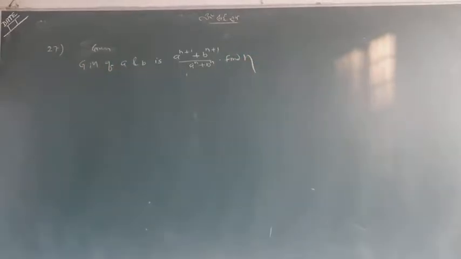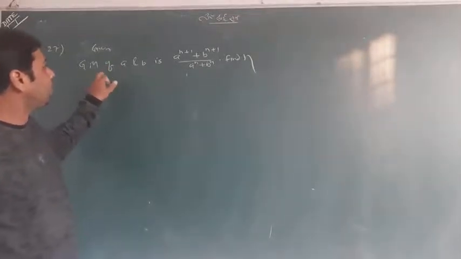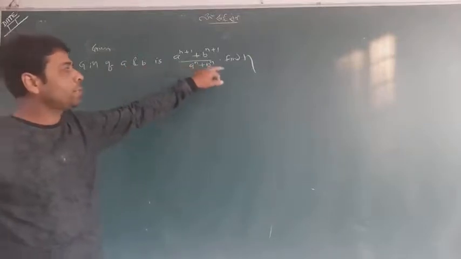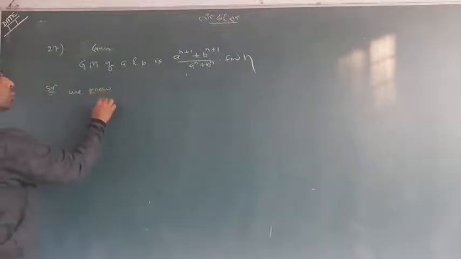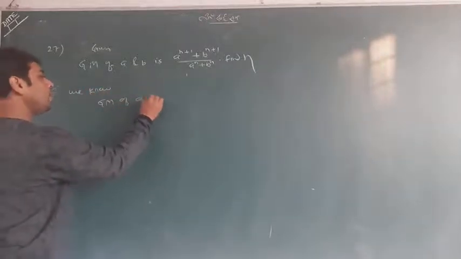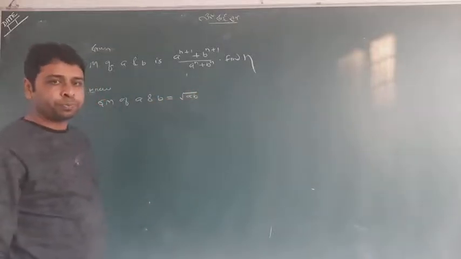This is the question. So let me explain how it can be done. Students, we are given geometric mean of A and B is this one. And we need to find n. So how we can go with this? We know geometric mean of A and B is none else but it is root AB, which I taught you.